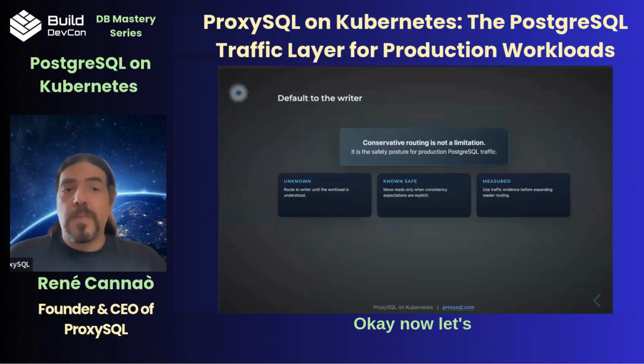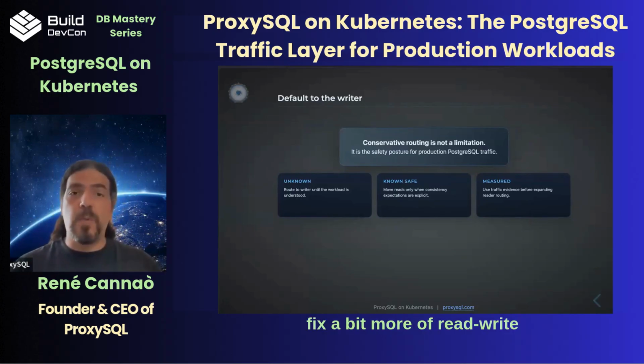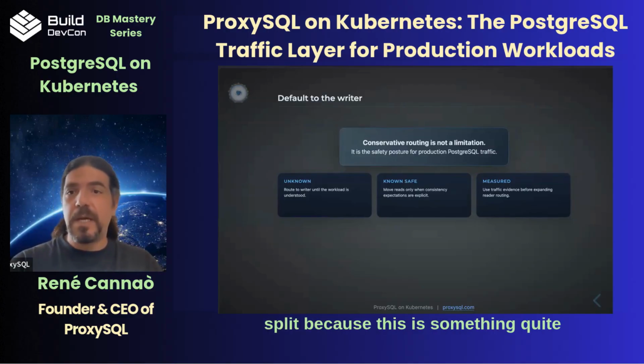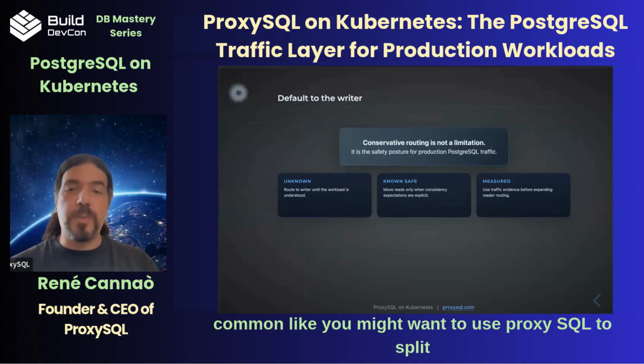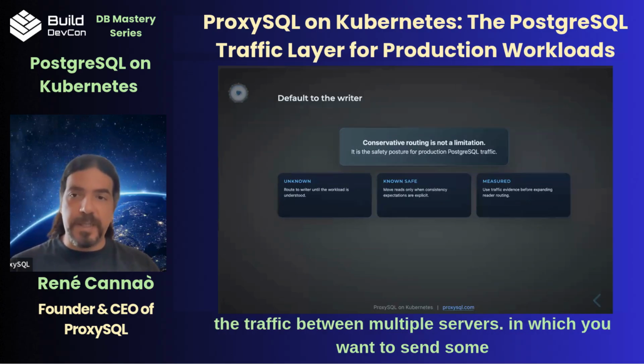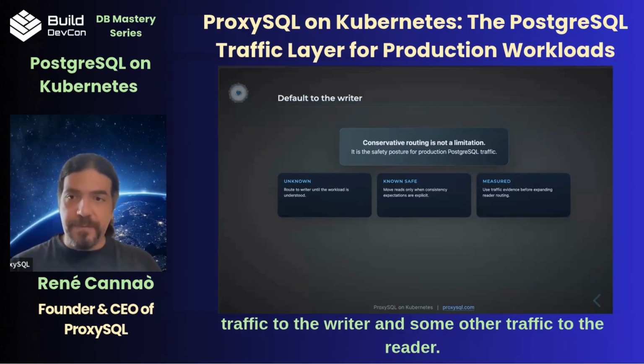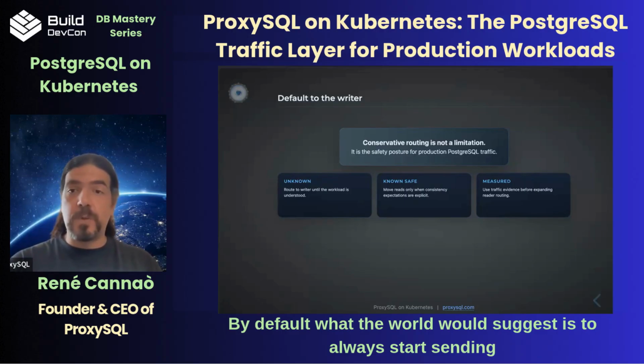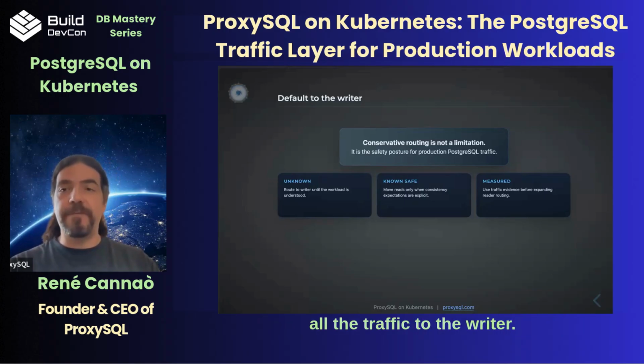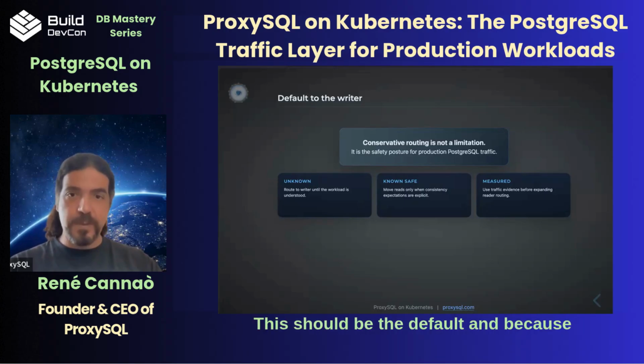Okay, now let's look a bit more at read/write split, because this is something quite common. You might want to use ProxySQL to split the traffic between multiple servers, where you send some traffic to the writer and some other traffic to the reader. By default, what we always suggest is to start by sending all the traffic to the writer. This should be the default.